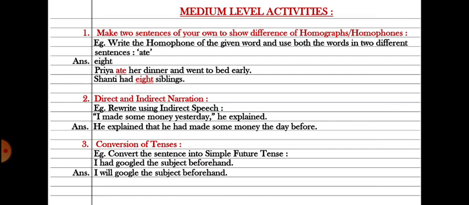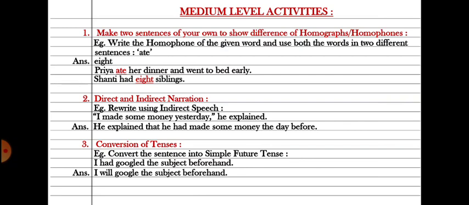Present tense. Present tense is used to describe an action that is happening now. It is further divided into 4 types: simple present tense, present continuous tense, present perfect tense, and present perfect continuous tense.